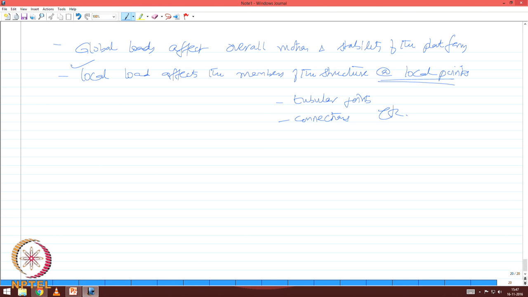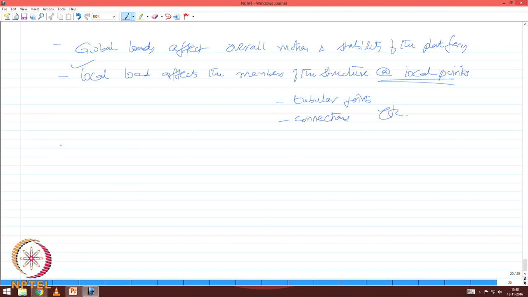Now, one can ask me a question, when ice loads are highly random both in space and time, what is that important parameter which characterizes the ice load? Answer is very easy and simple.